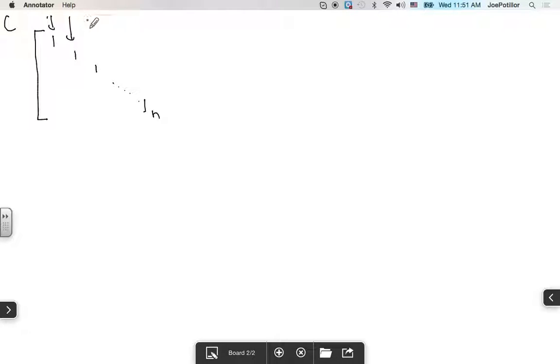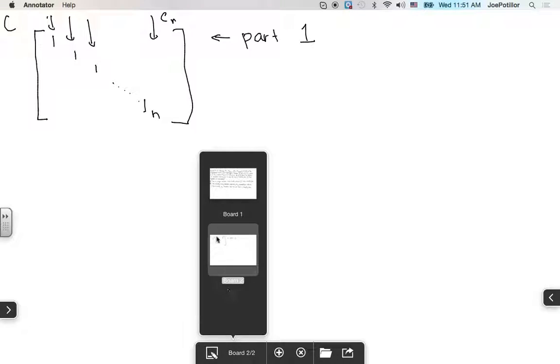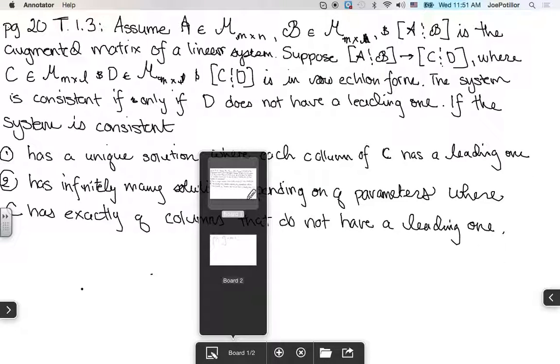This column, that column, so on and so forth, all the way down to the end. So each column has a leading 1. That's part 1 of the theorem.